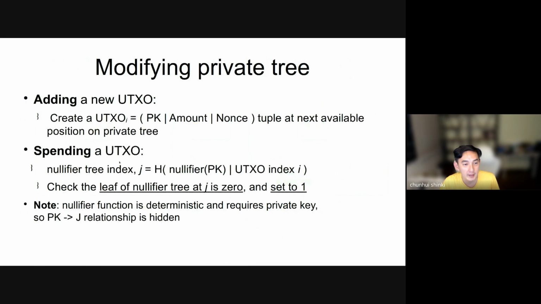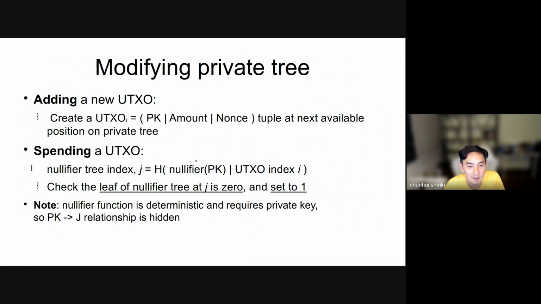Whereas when you spend it, you calculate the nullifier. I think it should be a nullifier of the public key and the UTXO index, and then hashing it together. Let me think if I wrote this formula a bit wrongly.